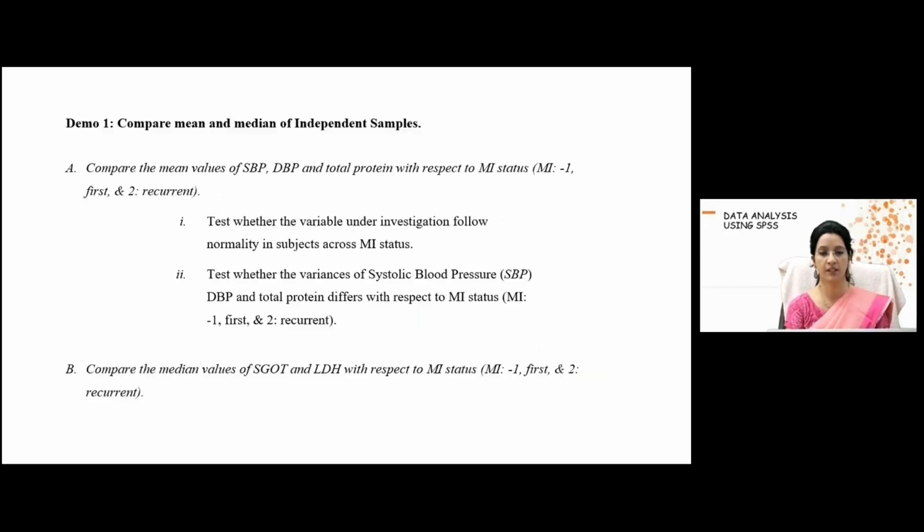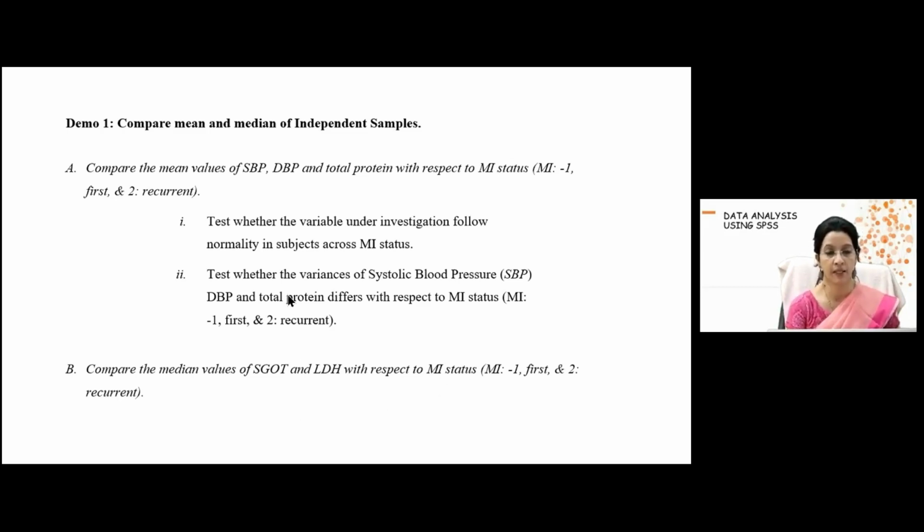So can you see this? The first question is, compare the mean values of systolic blood pressure, diastolic blood pressure, and total protein with respect to MI status. And here you can see the first assumption was that the dependent variable will be a continuous one.